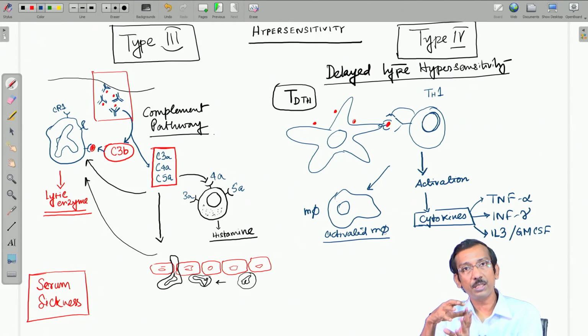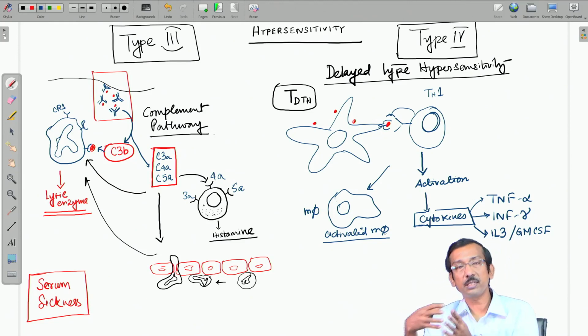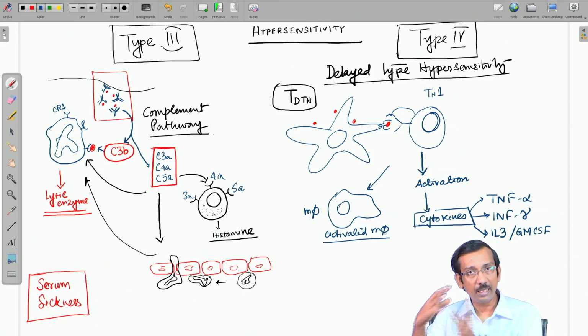Type 1 hypersensitivity is primarily mediated by degranulation of mast cells, basophils and so on. Type 2 hypersensitivity can occur by complement activation, formation of the membrane attack complex, lysis of the target cell, and also by ADCC. Type 3 hypersensitivity, as I described, is mostly by the formation of antigen-antibody complexes, and thereby mostly mediated by neutrophils, and also to some extent by mast cells through release of histamines.